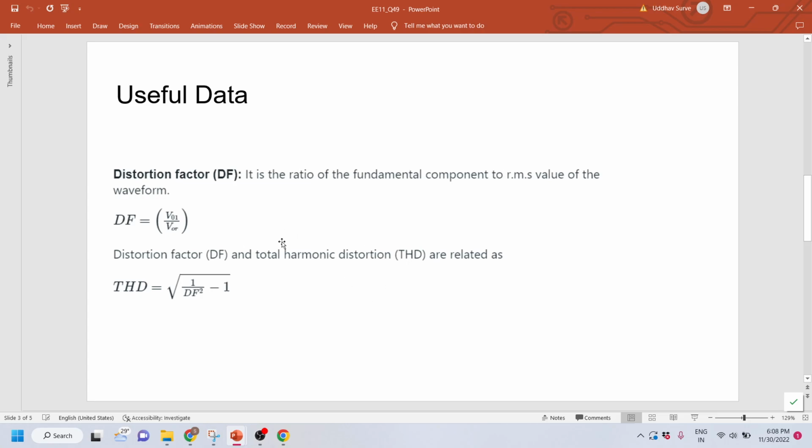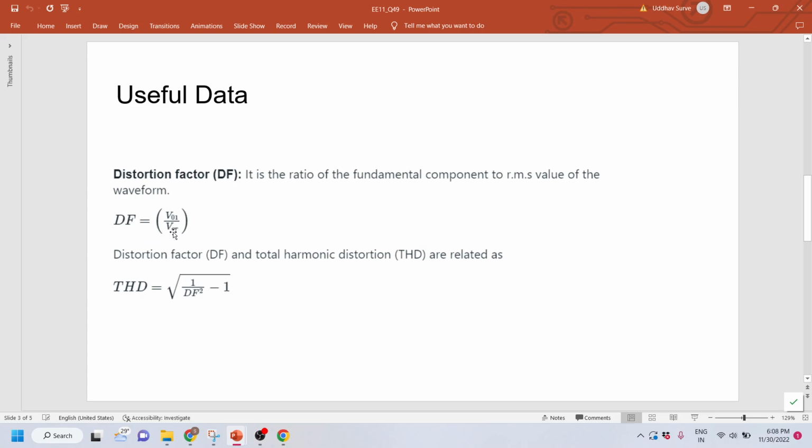Now there is another concept called as distortion factor. It is the ratio of fundamental component to the RMS value of the waveform. Okay, so distortion factor is fundamental component upon total RMS content.